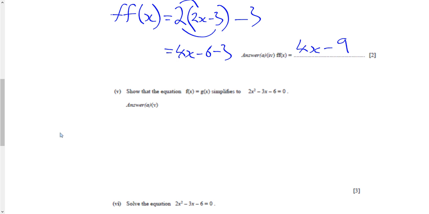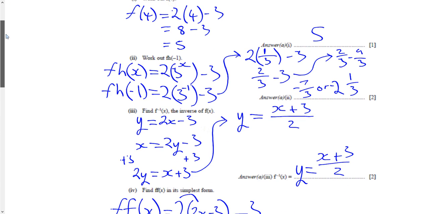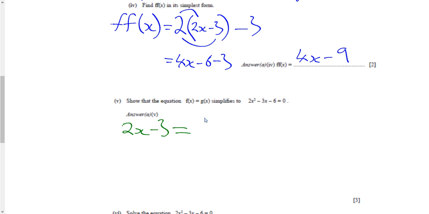So we're going to say that 2x minus 3 is equal to 1 over x plus 1 plus 2. So this is our g of x function, this is our f of x, and we're going to equate the two, and then we're going to simplify and solve for x.